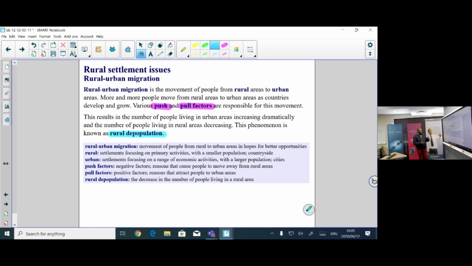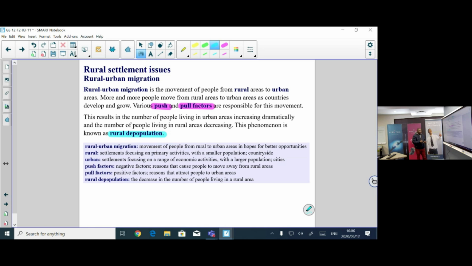Then the definition of rural, this is a settlement that is focusing on primary activities with smaller population, and it's in the countryside. Urban settlements are focusing on a range of economic activities. We did this. Push factors, these are negative factors. That's what I was saying, that these are undesirable factors.